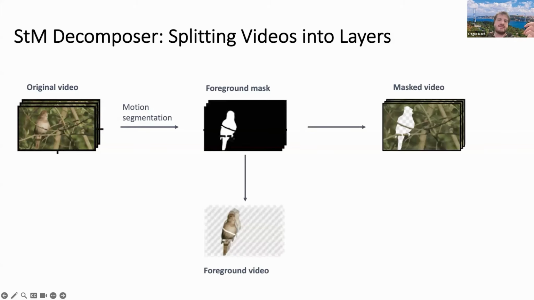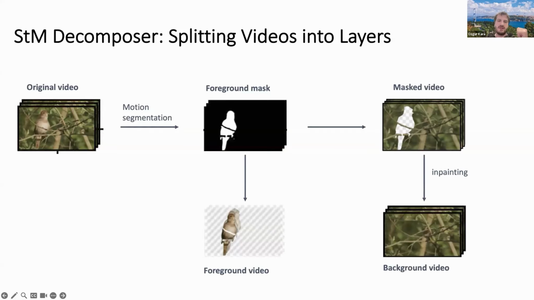Then we generate the foreground video by applying this mask to the original video. And we get the masked video and the foreground video. But the important part is we can't use the masked video with a hole in it. That's why we use an off-the-shelf video in-painting model to close the gap and obtain the background video.